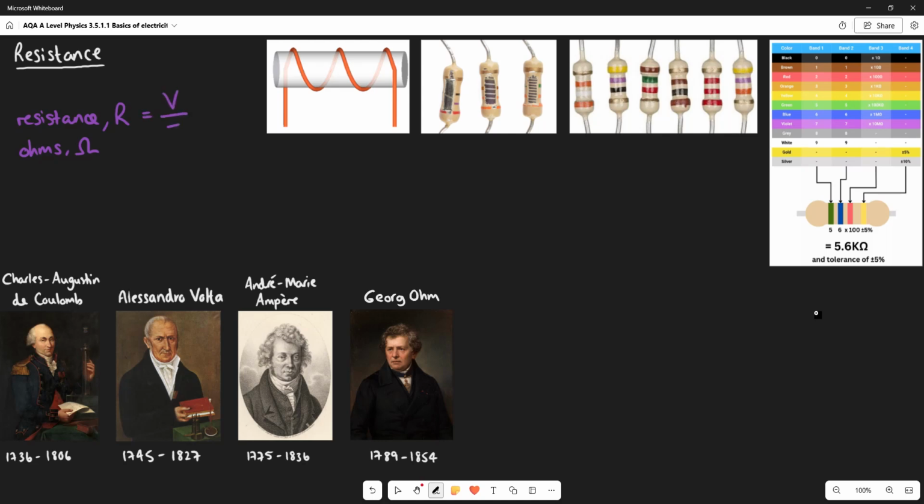Resistance is voltage divided by current. And if we substitute in the equation for voltage, which is work per unit charge, then we find that we can represent resistance like this.